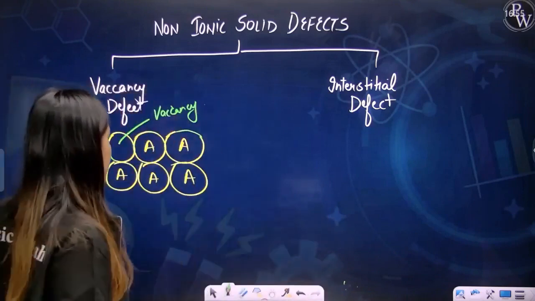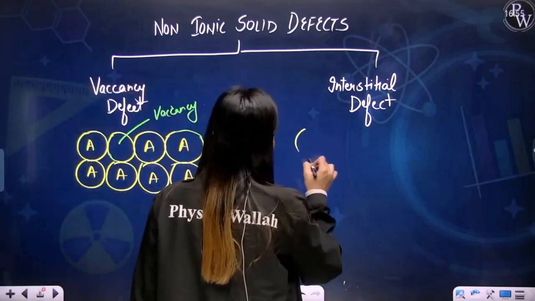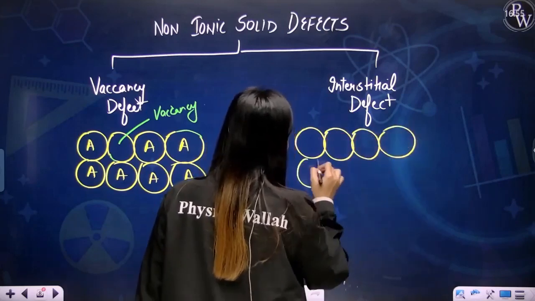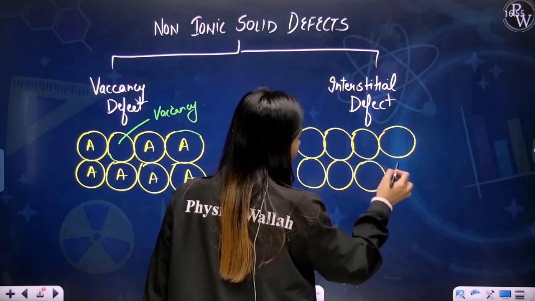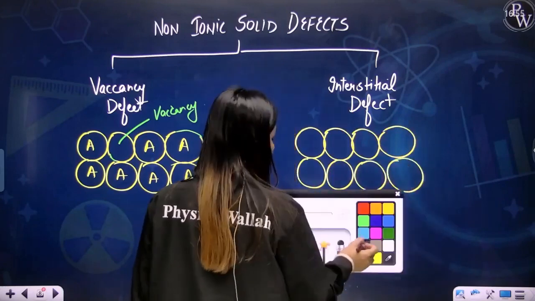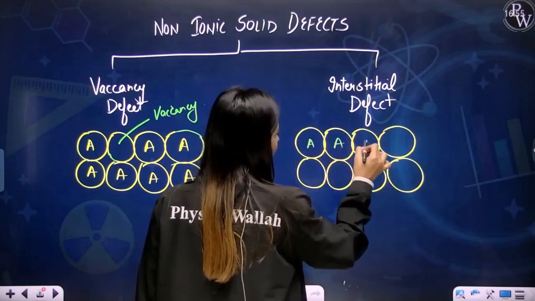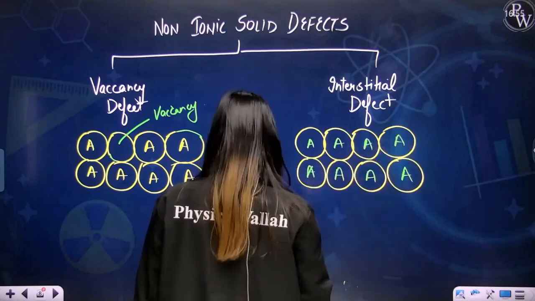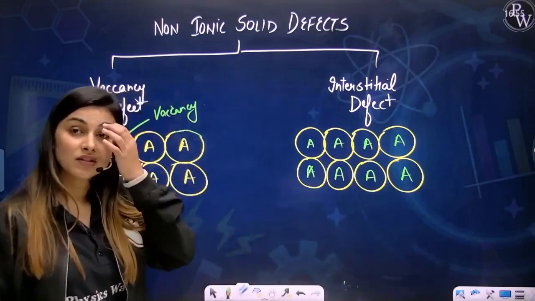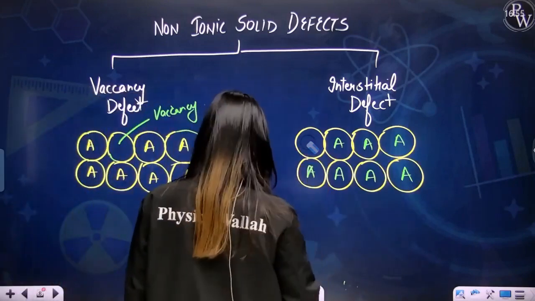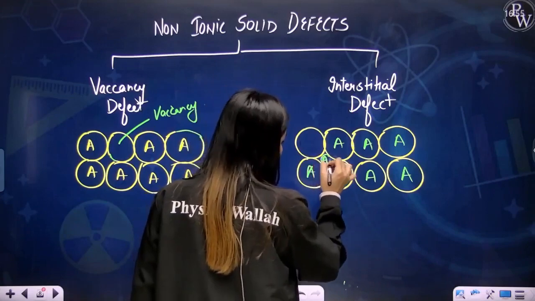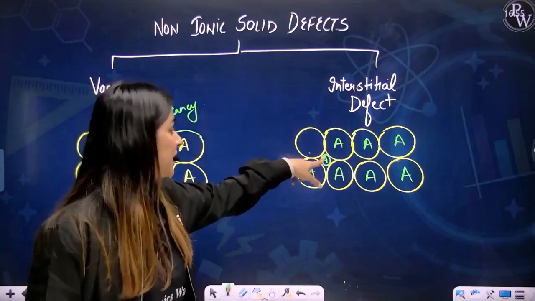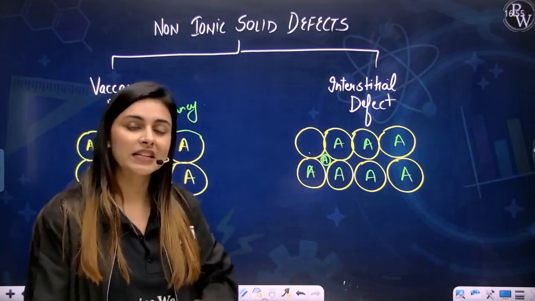Now let's talk about the interstitial defect. I hope now you can imagine what an interstitial defect would be. Let's say you have A here. Now you heat this particular solid, and what happened, my dear students? One of your A occupied an interstitial position. A left its position and came to an interstitial position.